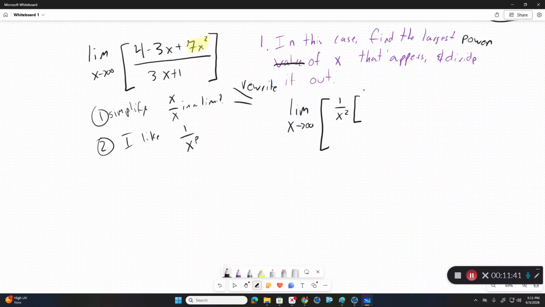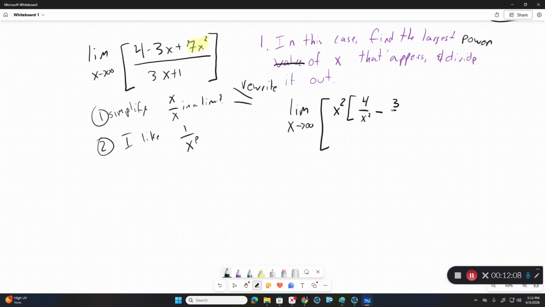So what will that leave in the first place? Well, 4 taking out an x squared. Well, we took away an x squared from 4, which means that we divided it by x squared. So we got 4 over x squared minus 3.